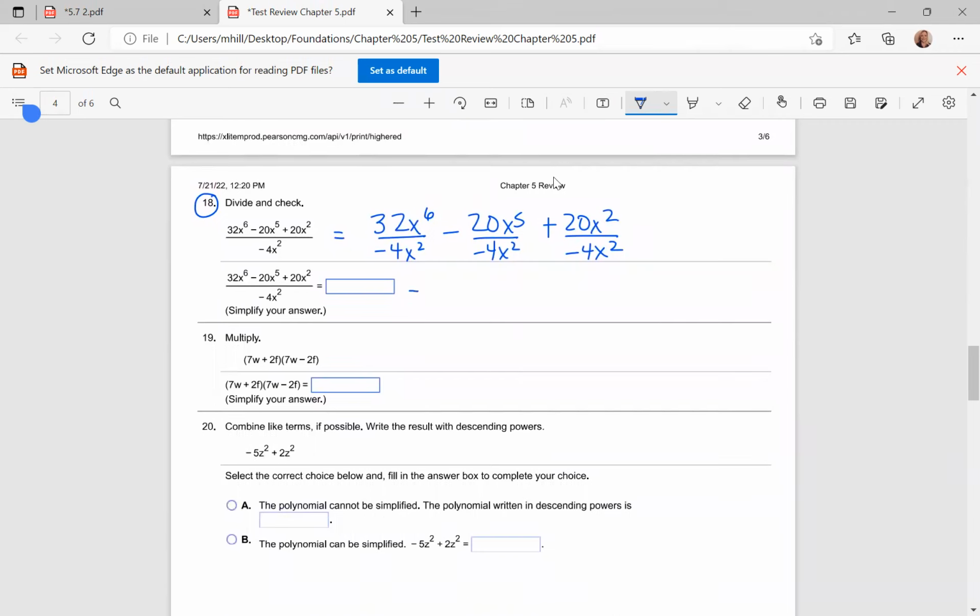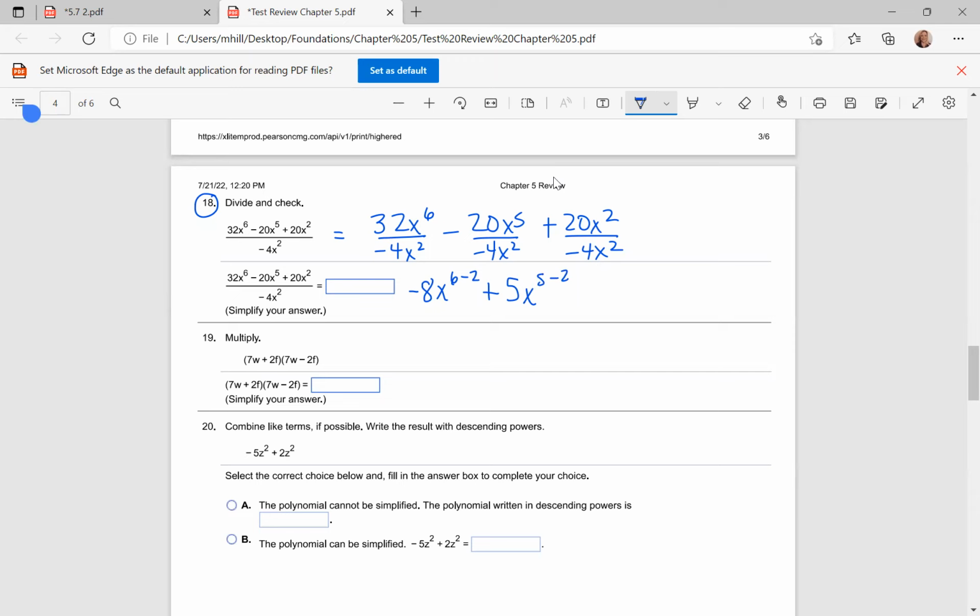32 divided by negative 4 is negative 8. Then we've got x to the 6 minus 2 because we are dividing. 20 divided by 4 is 5. And it's a negative 20 divided by negative 4, and negative divided by negative ends up being positive. X to the 5 minus 2 for my exponents.